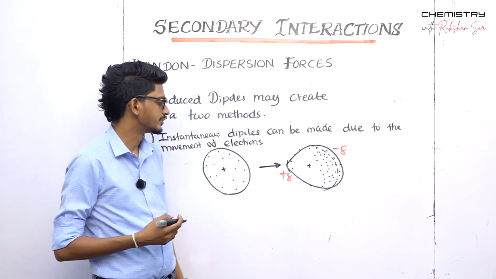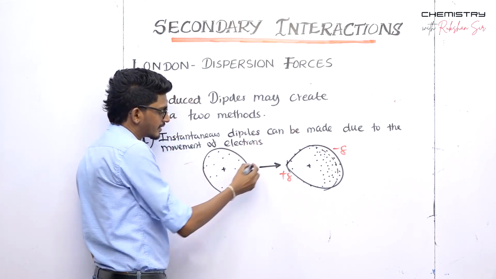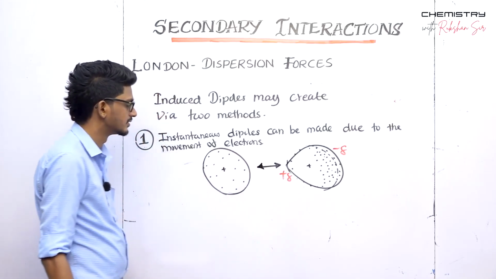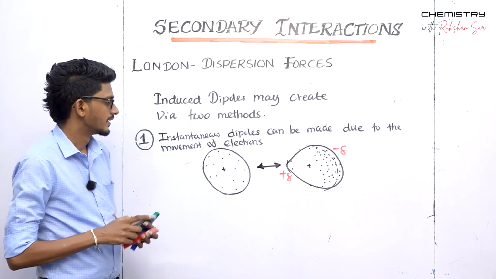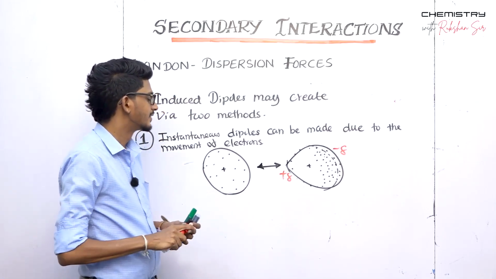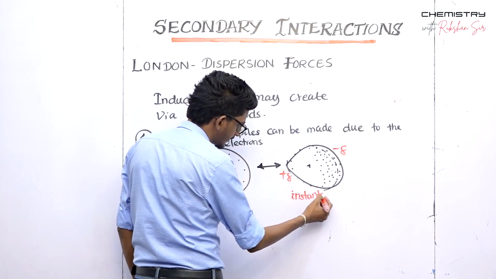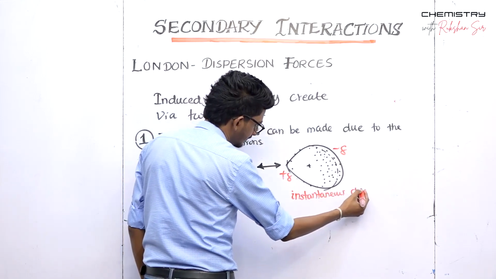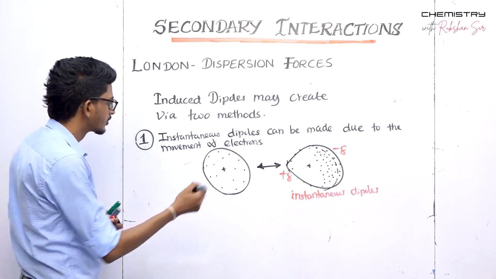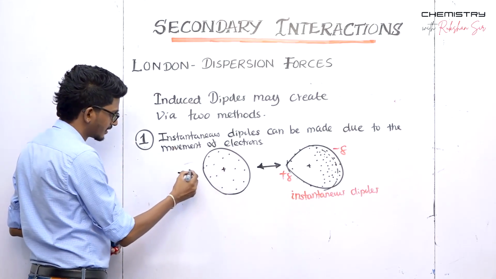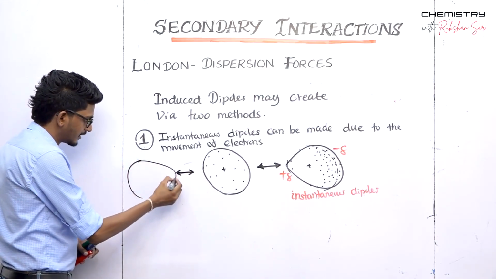At the other instance, what will happen? This electron density could come to this conformation as well, so that at the other moment the dipoles will disappear. So these are referred to as instantaneous dipoles. At some other instance, the electron density could travel towards the left side as well.